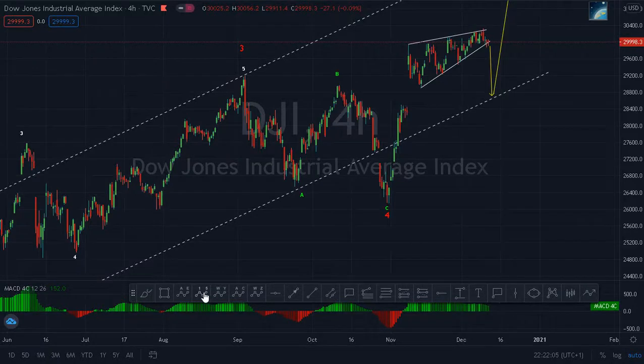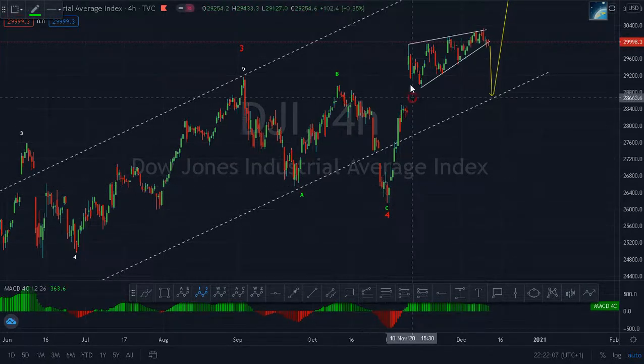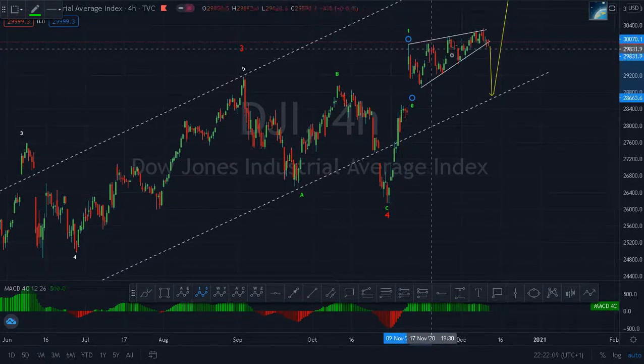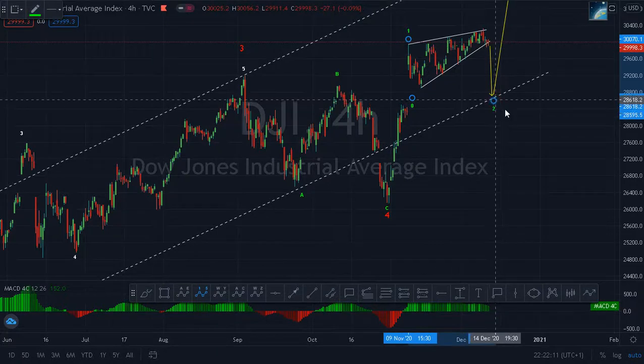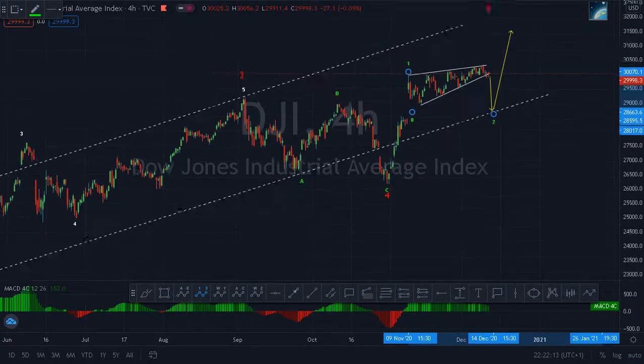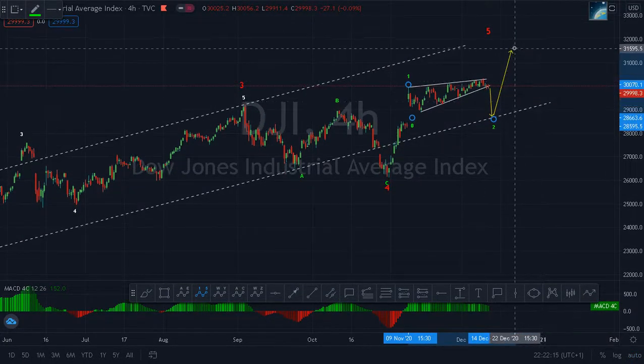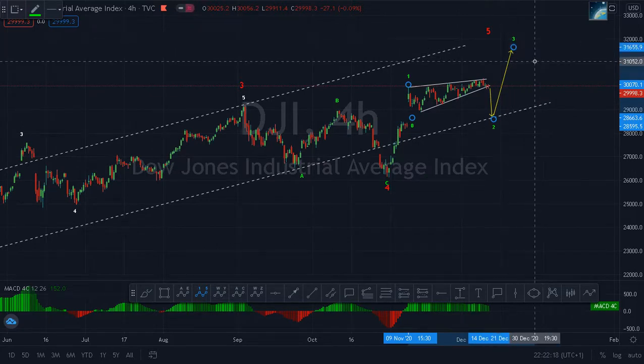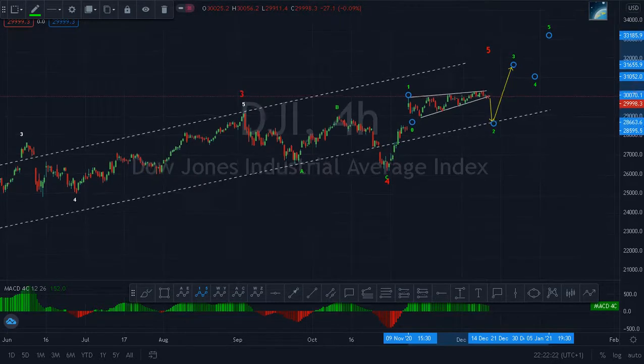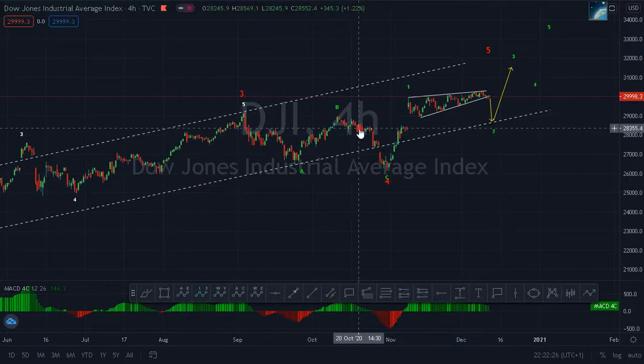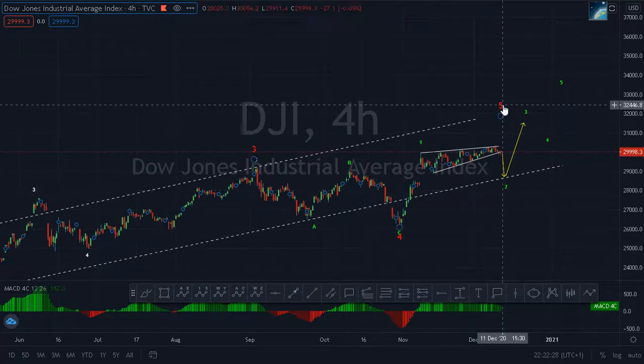Let me label it. This will be 1 of 5. Then this will be 2 of 5, and then we may have 3 of 5, 4 of 5, and then wave 5. So we are expecting a very serious bullish market on this.